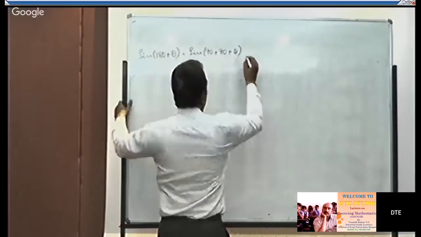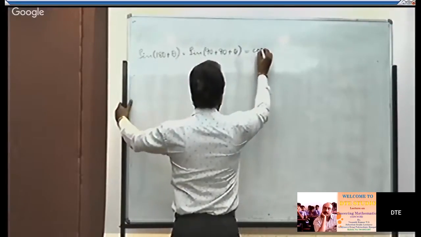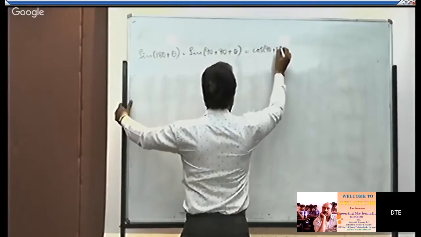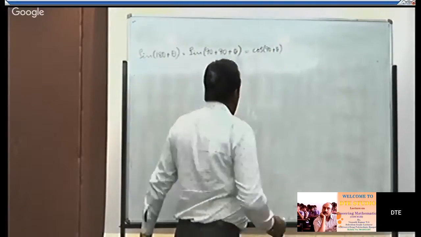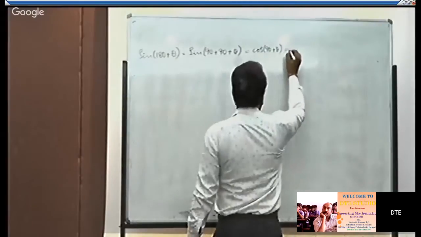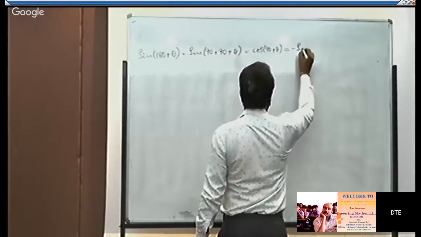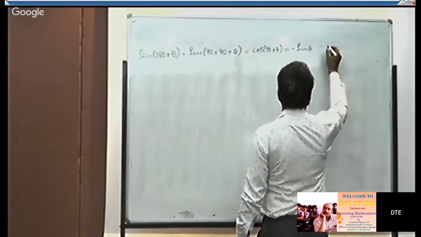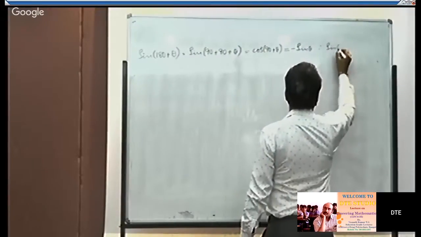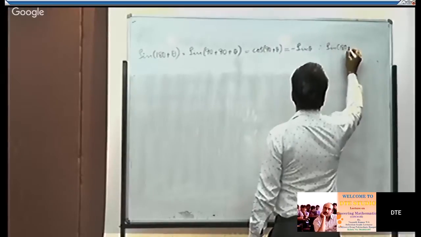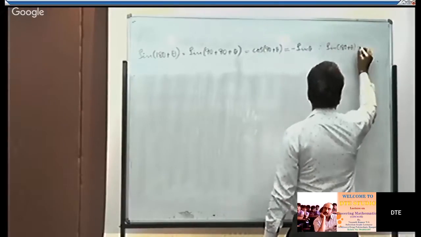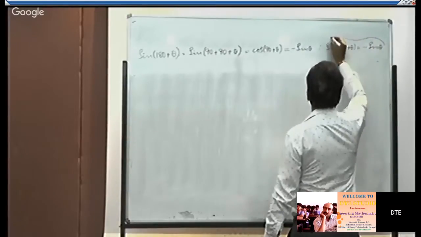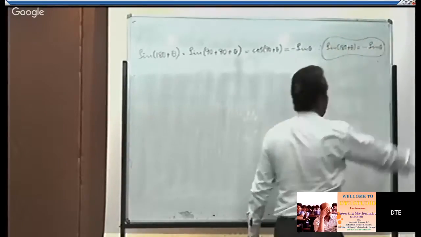We know that sine of 90 plus theta is cos theta. In the place of theta, it is 90 plus theta. We also put cos of 90 plus theta as minus sine theta. Therefore, you can write sine of 180 plus theta is equal to minus sine theta.